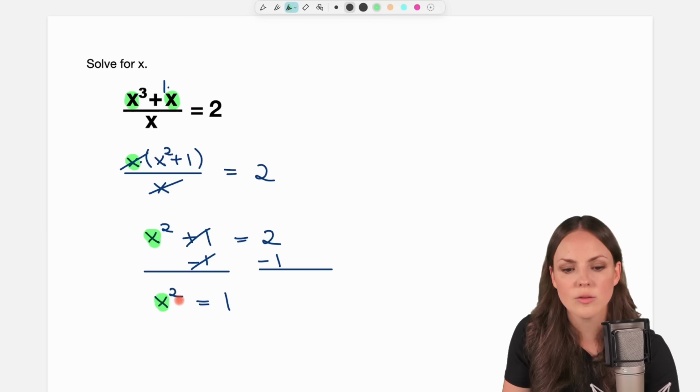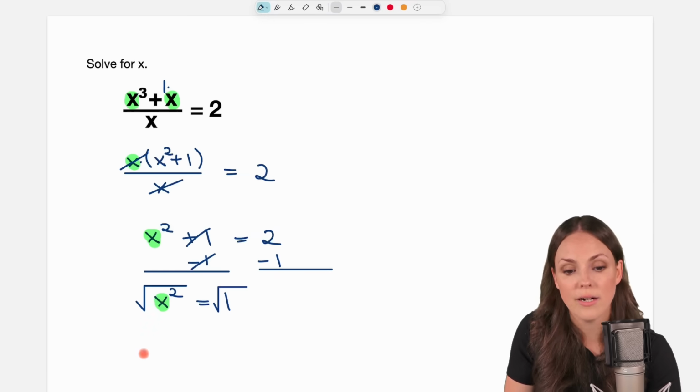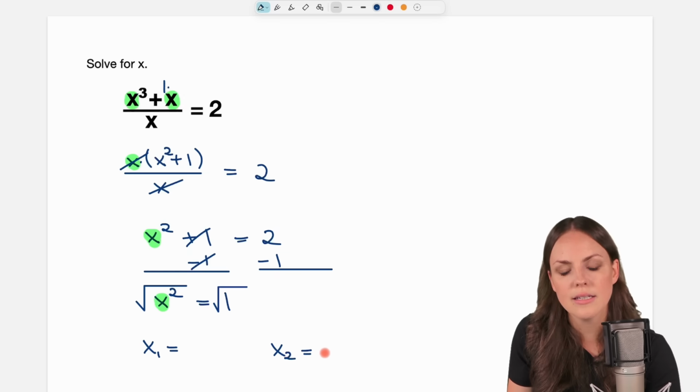To solve for x, let's get rid of the square by taking the square root on both sides of the equation. We get two solutions for our x, a first positive solution and a second negative solution. The square root of 1 is 1, and then we also get -1 as a second result.